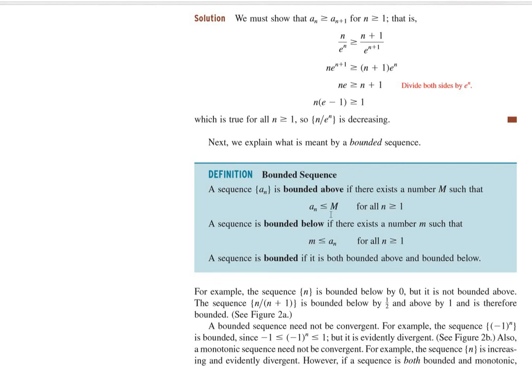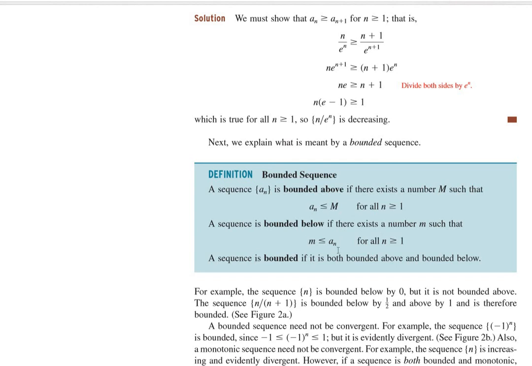Bounded above means an is less than or equal to m for all n greater than or equal to 1. Bounded above means the sequence an must have a bounded value m.